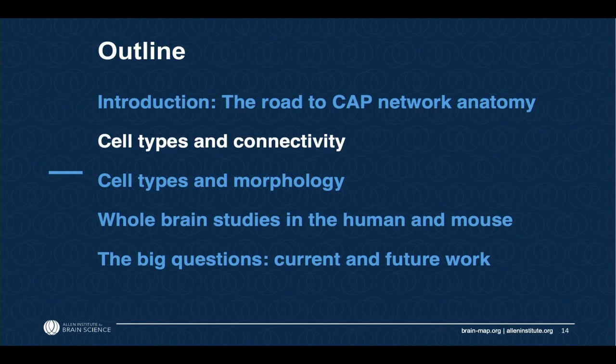So in the next section, I'm going to talk about current and ongoing work on cell types and connectivity, going from just the data to, for lack of a better word, discovery about different types of cells and how they interrelate with each other.